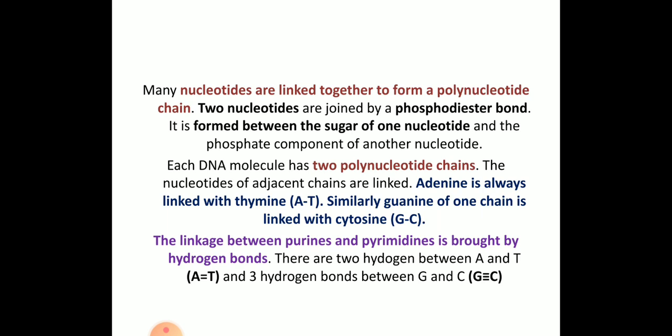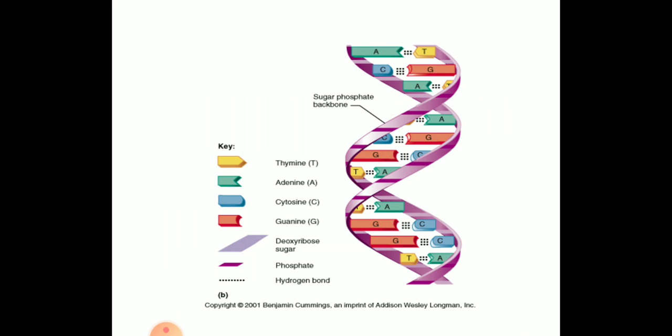AT is linked by 2 hydrogen bonds, whereas G and C are linked by 3 hydrogen bonds. This is how the polynucleotide chains are formed, by linking hydrogen bonds. This is the structure I already showed. As you can see, the thymine, adenine, cytosine, guanine, and the deoxyribose sugar are linked with the phosphate bond and the hydrogen bond.